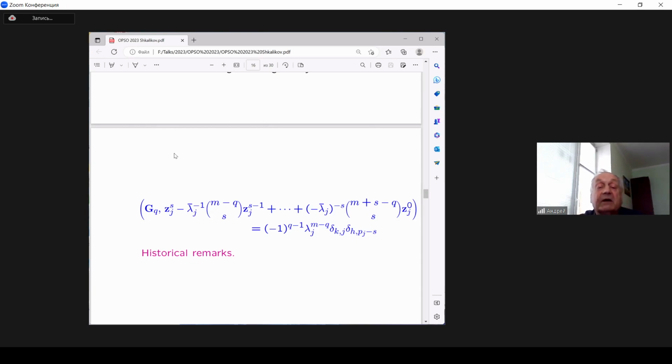Certainly, these biorthogonality relationships prove the minimality of Keldysh derivative chains in the trace space which I defined before.